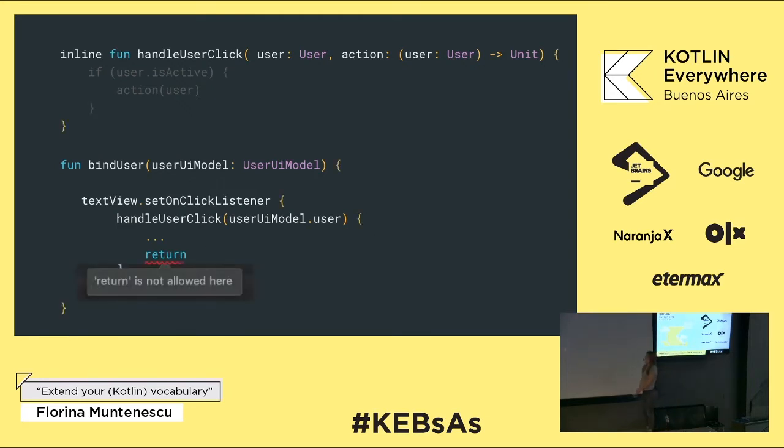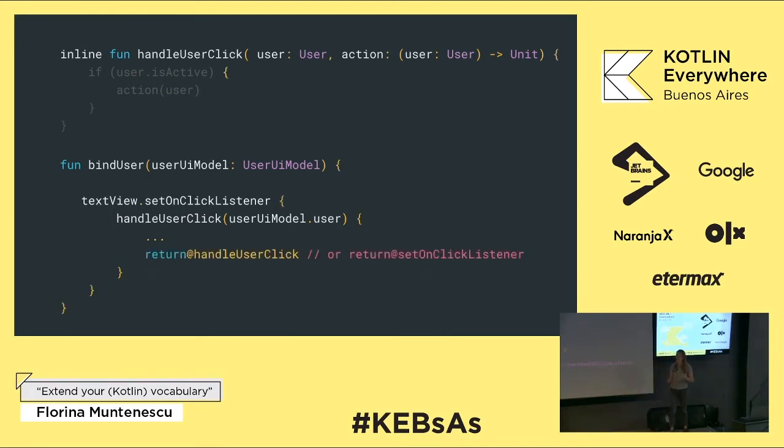So in this case, we actually get a compile error because it's saying that return is not allowed here. Rather, our possible options are either return at handle user click or return at set on click listener. So why is this? The main difference here is that we have that text view set on click listener.